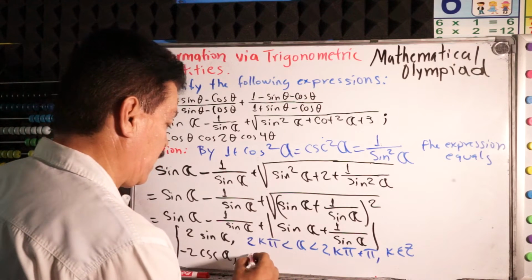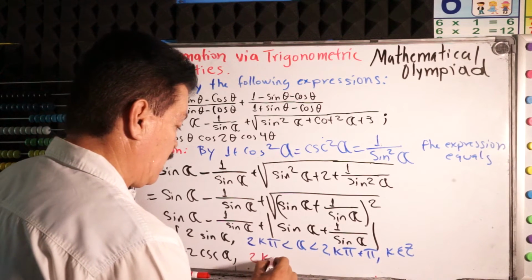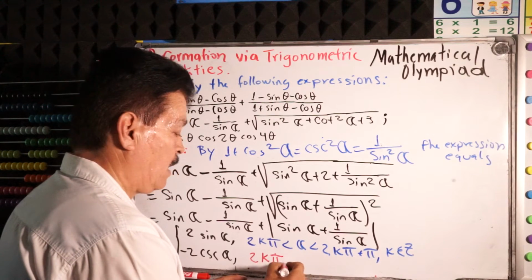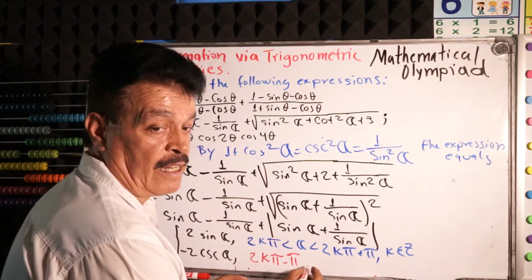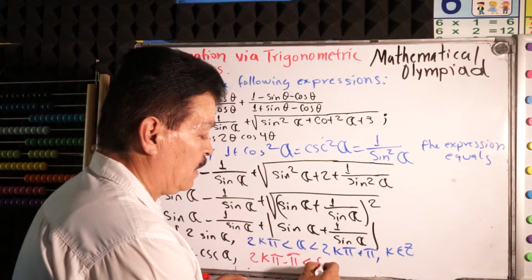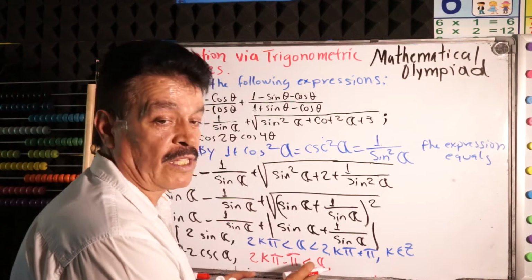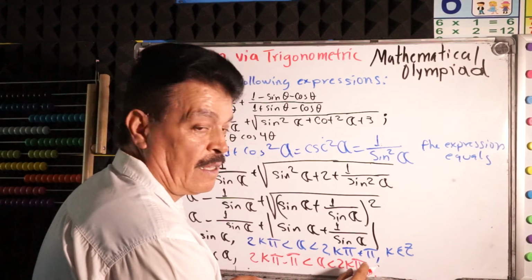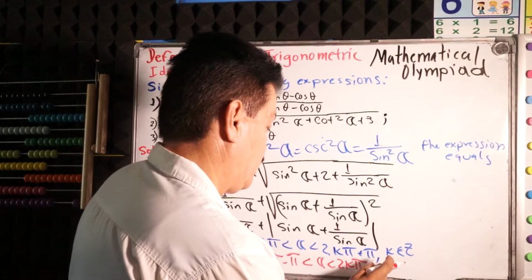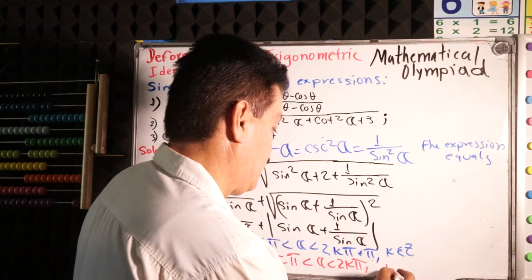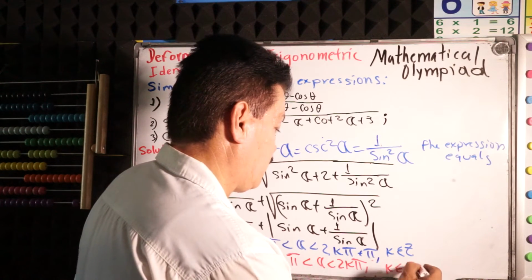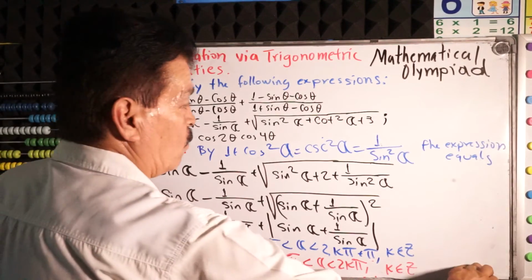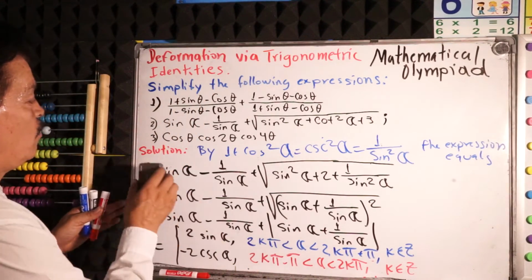Here will be 2k pi, minus 2k pi, less than the angle which I'm talking about, less than 2k pi, in which k belongs to Z, I mean to the whole numbers. So that's it, the number 1. This is our conclusion for problem number 2.